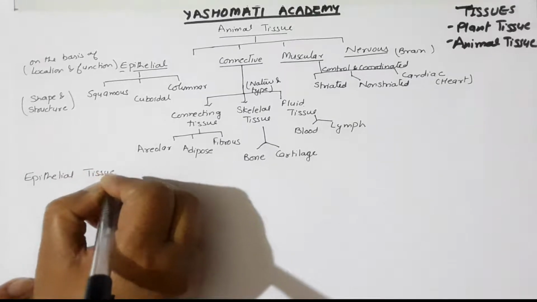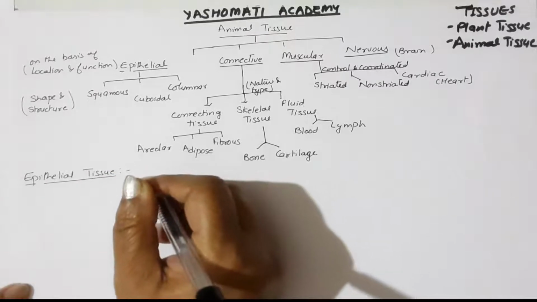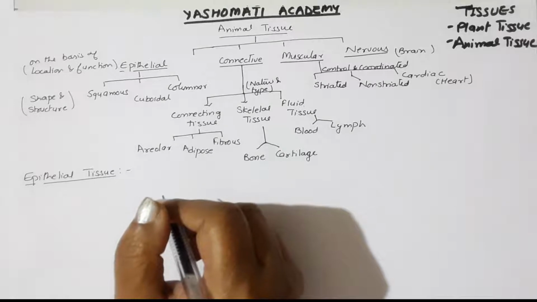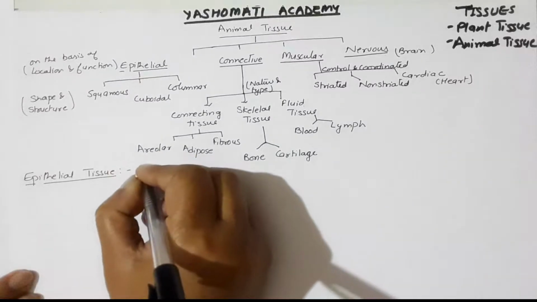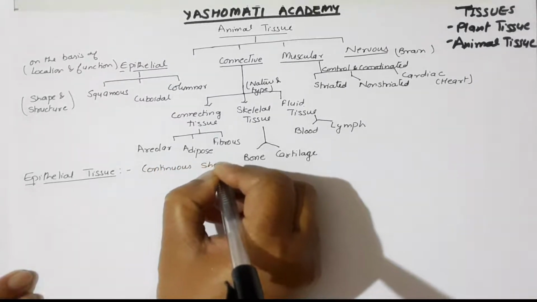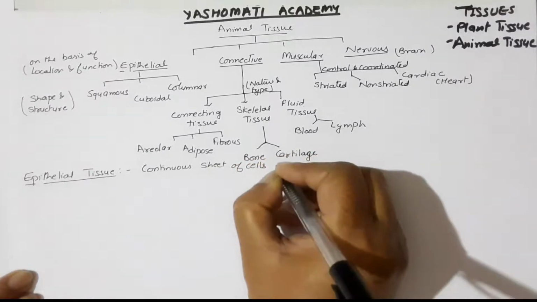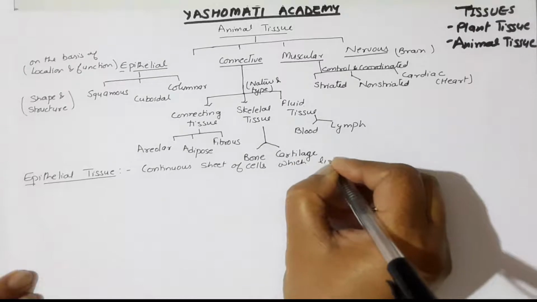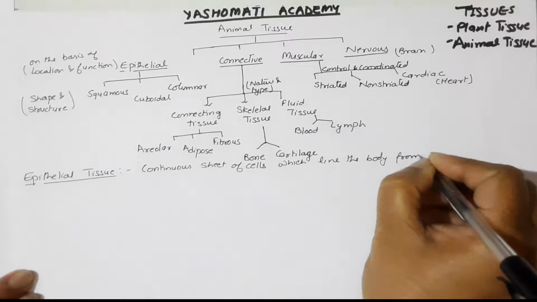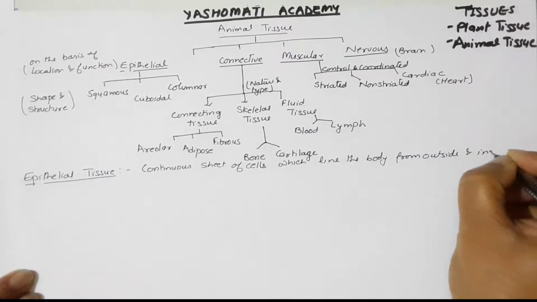As we have just discussed, this tissue forms the outer covering and inner covering of the body. So they form a continuous sheet of cells which line the body from outside and inside.